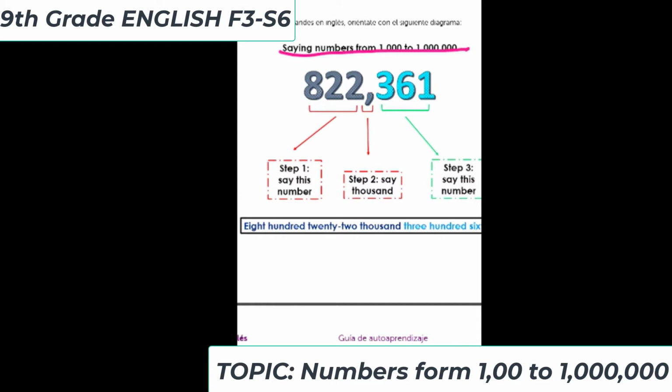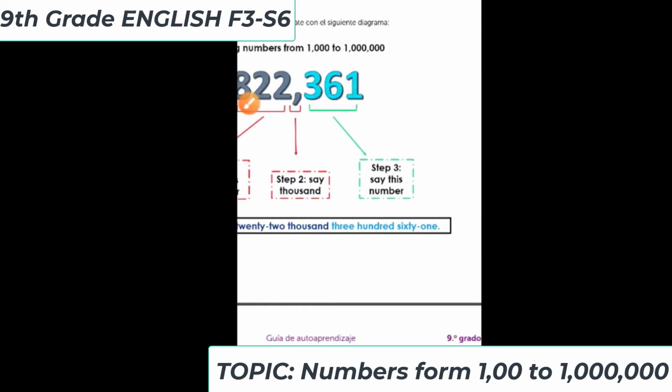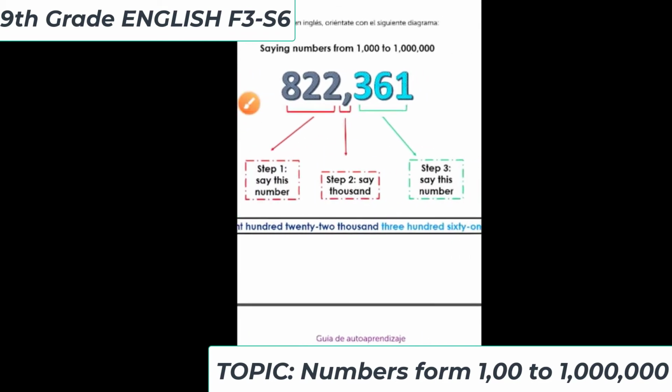Here, step 1, paso 1, say this number, dices este número, ¿ok? Step 2, paso 2, dices thousand, say thousand, ¿ok? The comma here indicates thousand. And paso 3, step 3, say this number, dices este número, ¿ok? Attention.